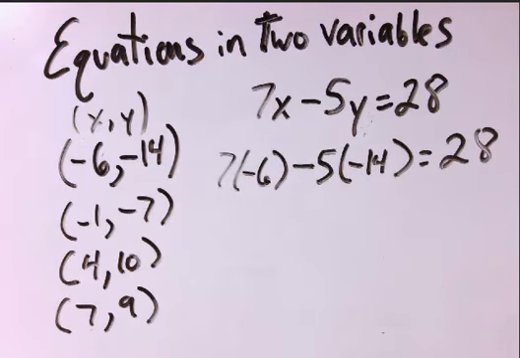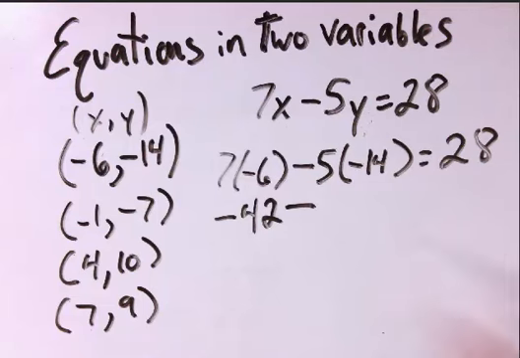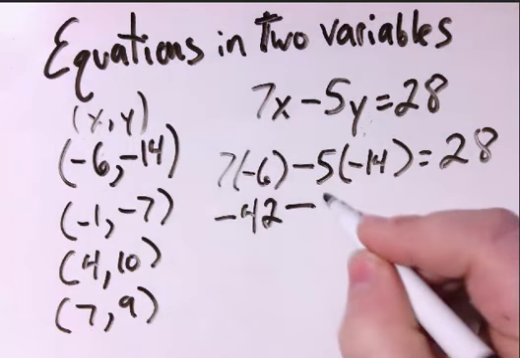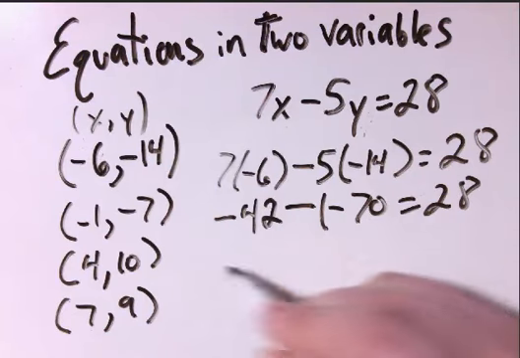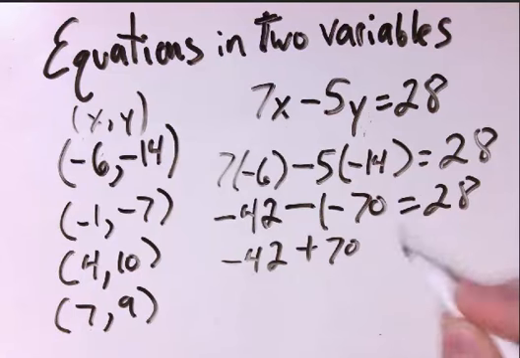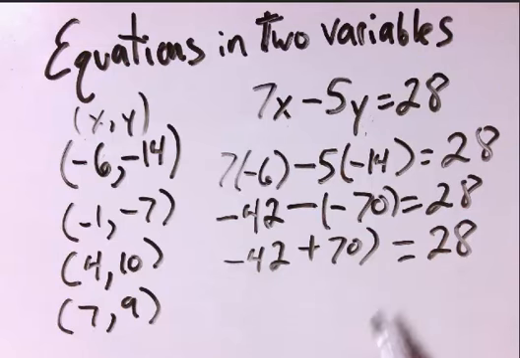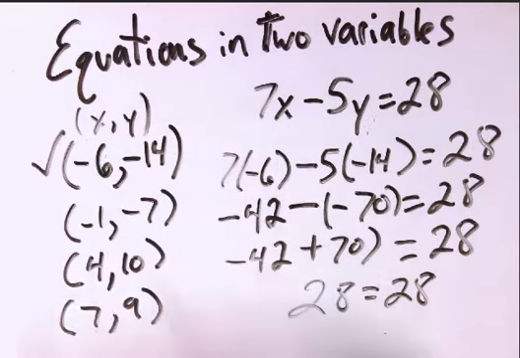Then we can go through and do the math here. When we do the math here, we see that 28 does equal 28. So we know that this first pair does work.